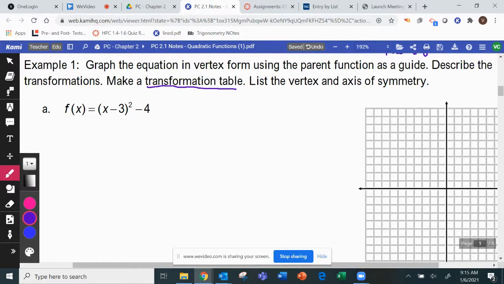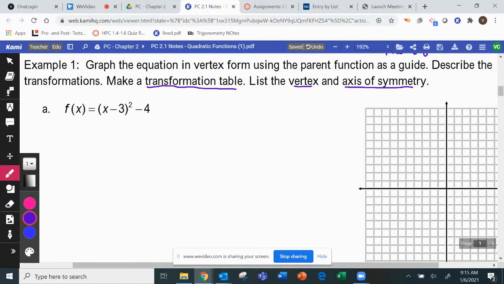For sure, I would not need a transformation table for letter A. That one I can easily just transform using the graph itself. But sometimes they get more tricky. So we're going to make sure we know how to do the transformation table. And then we're also going to write down our vertex and our axis of symmetry. And then I skipped this part, but describe the transformations.